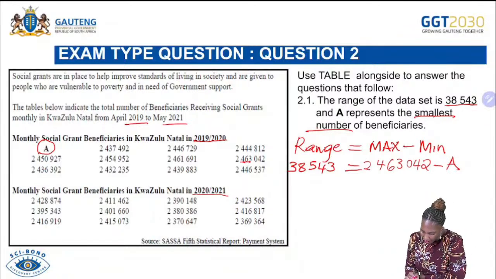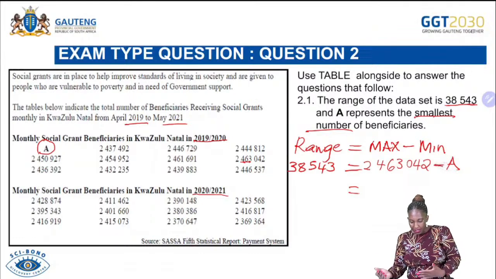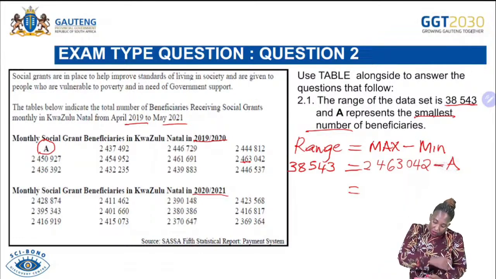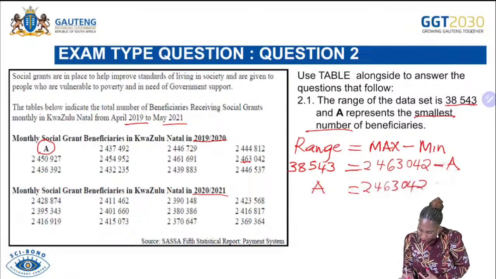Remember, they said we need to get the minimum number. Now if we check here, A is on the right hand side and it's negative. When we transpose it, bring it to the left hand side, A becomes positive, and our maximum number stays 2,463,042. And then we take this range and bring it to the right hand side.